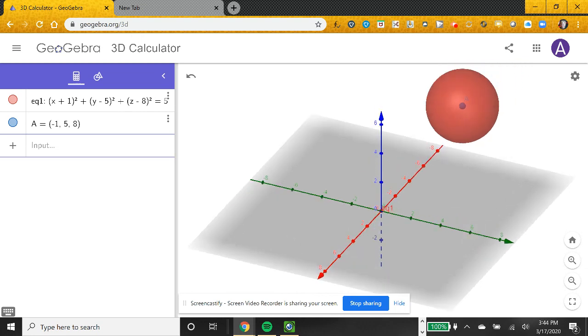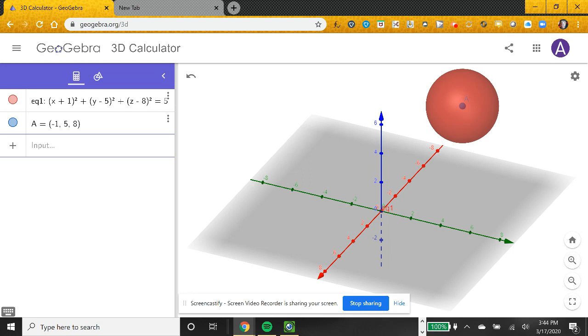But yeah, there's our sphere, a radius √5 with a center of -1, 5, 8. So that's kind of fun. And in your homework, I'm going to want you to play with this Geogebra 3D calculator grapher. As I said, I put the link on Moodle so you can go ahead and play around with that.